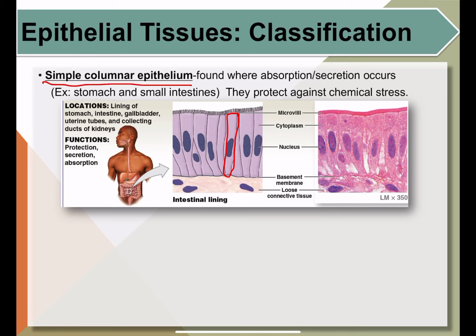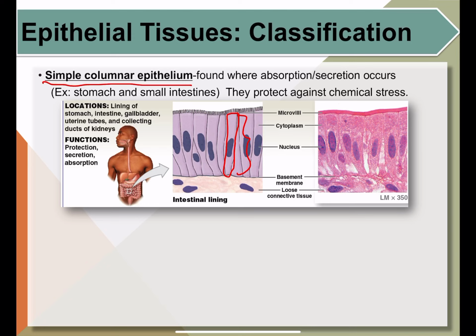And it needs to be slow to maximize the amount of secretion and absorption involved, like your digestive tract. And their columnar shape is a means of protecting against chemical stress. So this is why the cells themselves are so thick, because there's probably some chemical stress involved within that organ, and that's why you can't have simple squamous epithelium in these particular tissues.